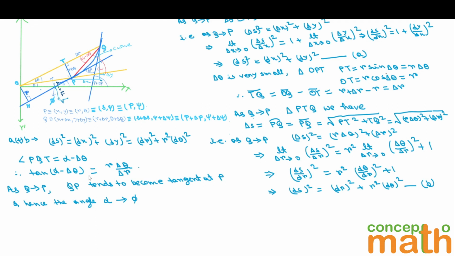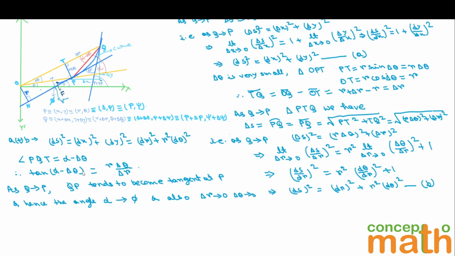Now if the line tends to the tangent at P, alpha denotes the angle between the tangent at P and the radius vector, which is phi, as per our assumption. Hence, as Q approaches P, alpha tends to phi, and also delta r approaches 0, as well as delta theta approaches 0.